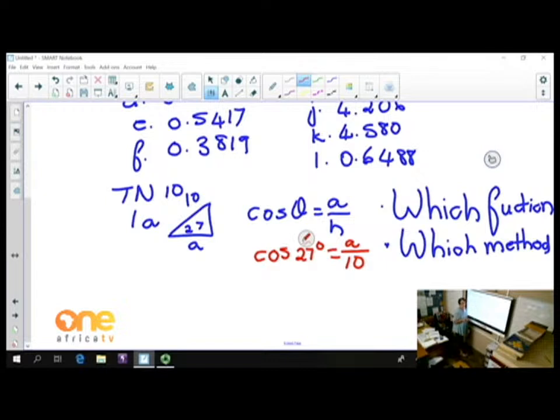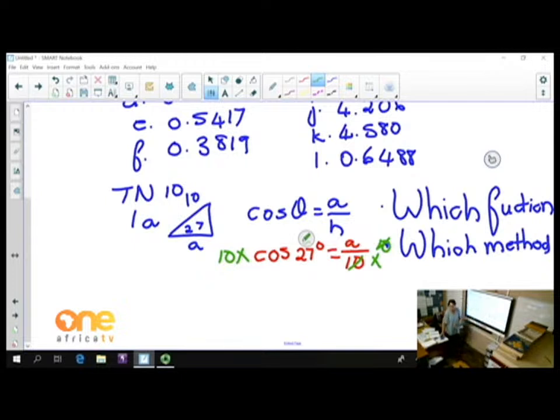And now we have to look at the method. And the method is top times. So when you want that top one, you always multiply. I can reason it out that I'm going to multiply with the LCM here. So times 10 cancel, times 10. But we can just remember the shortcut, top times.